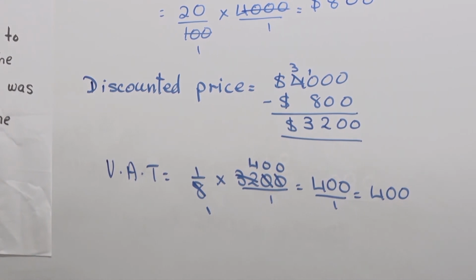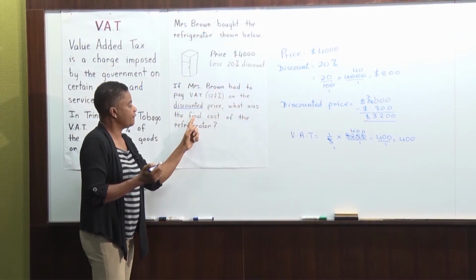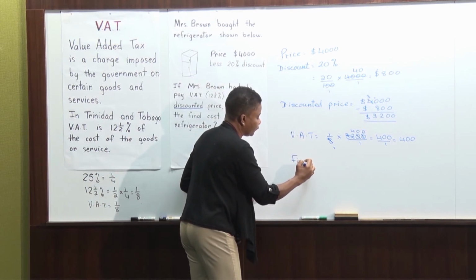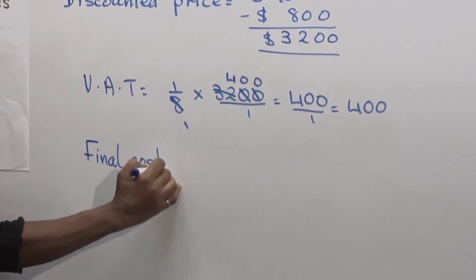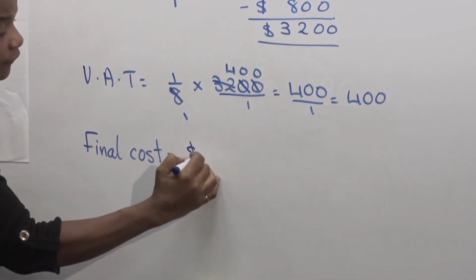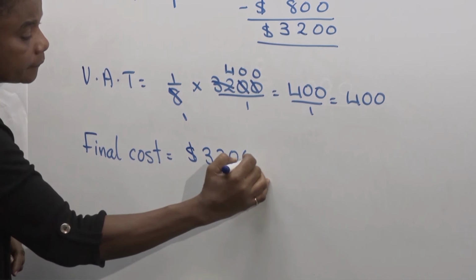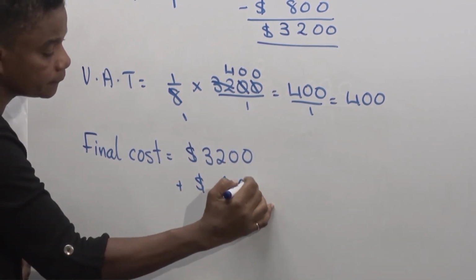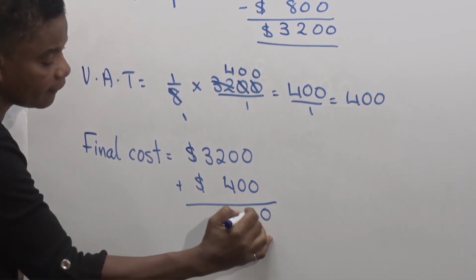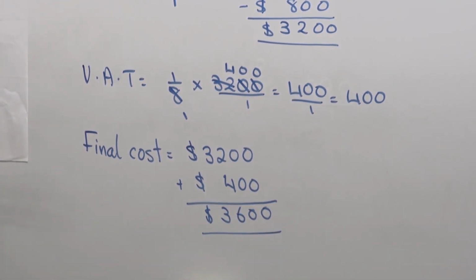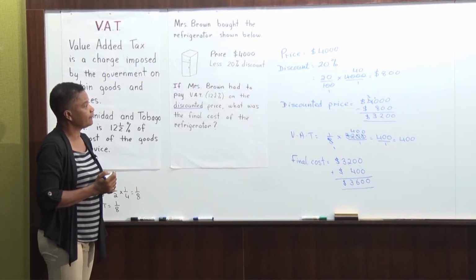We are still not finished. What was the final cost? So the final cost of the refrigerator would be the discounted price. Remember, she got 20% off, plus her VAT of $400, which gives us a final cost of $3,600.